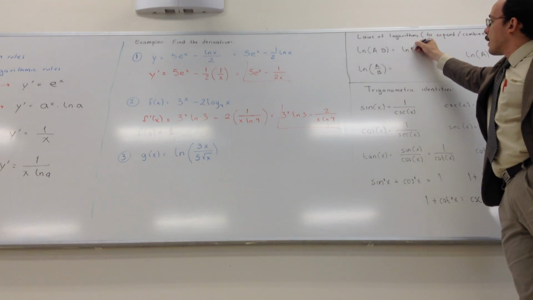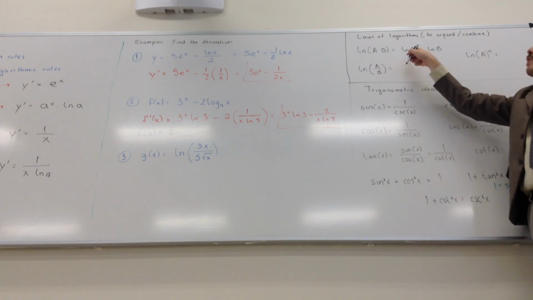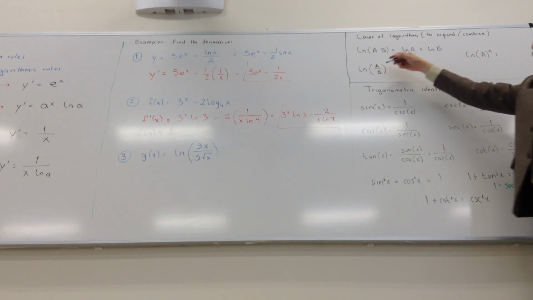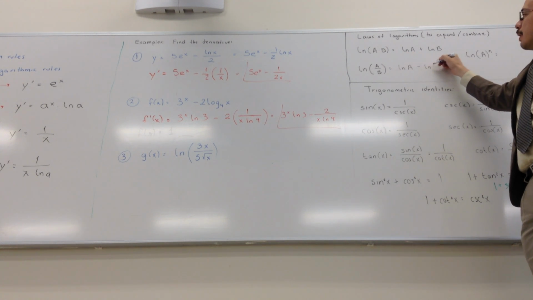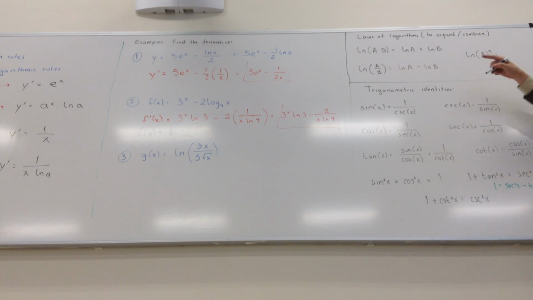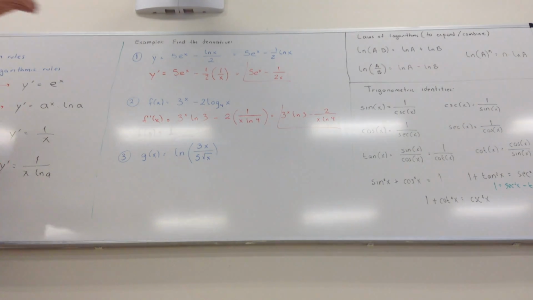It's ln of A plus ln of B. You add the ln. ln of A divided by B is ln of A minus ln of B. Good. ln of A to the n power would be n times ln of A. So we're going to use those rules to do what? To expand this so they become just single logarithmic functions, so we can apply the formula now. But before that, I need to explain.